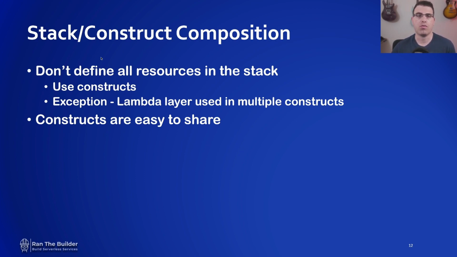The stack should have multiple constructs. However, there is an exception for that. If you have, for example, a Lambda layer that you use across multiple constructs, you should definitely define it on the stack level. But other than that, you should have different constructs. And I'm going to show the reasoning of how I define and build these constructs in a minute.